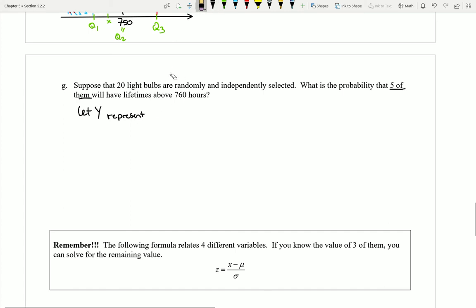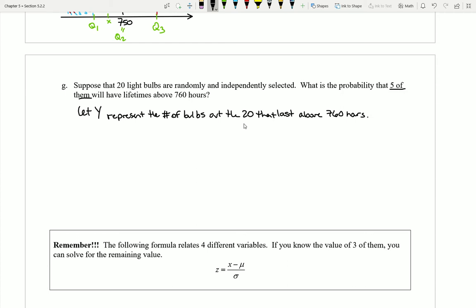Let y represent the number of bulbs out of the 20 that last above 760 hours. Well, that's definitely not continuous, right?